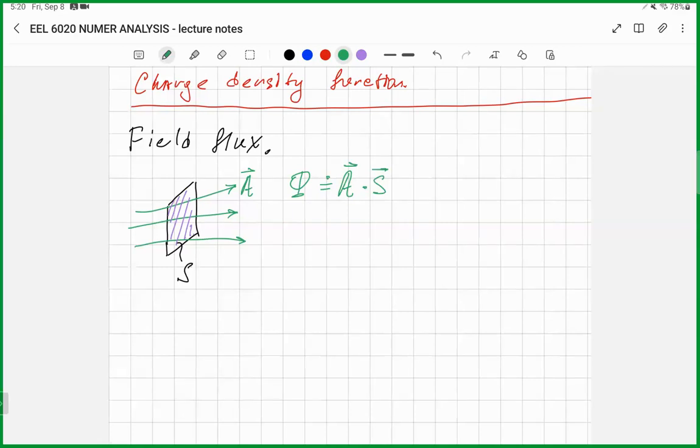So what is the vector of area of the surface? The area of any surface is determined not only by the area itself, but also by its orientation in space.